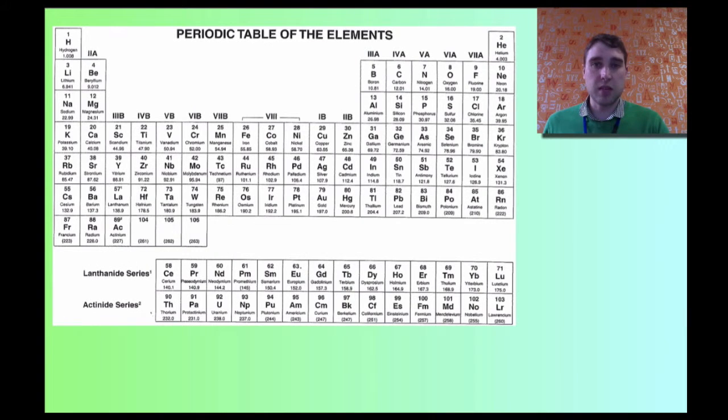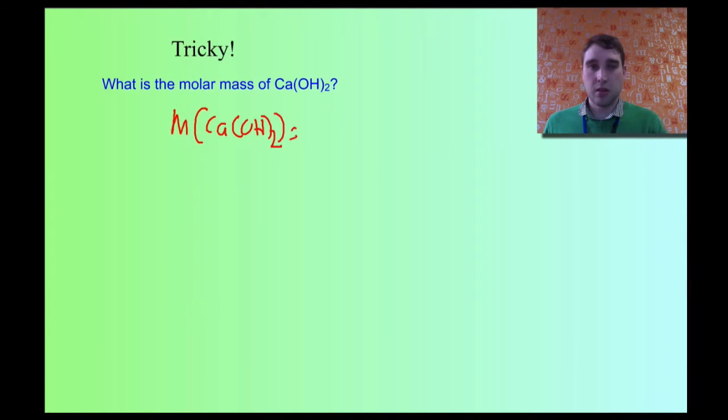So calcium is over here, 40.08. So equals 40.08. Now it's going to be plus 2 times the molar mass of oxygen, which we remember from before is 16, plus 2 times the molar mass of hydrogen, which is 1.008.